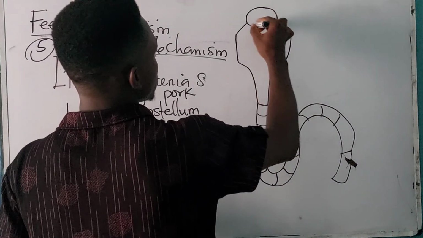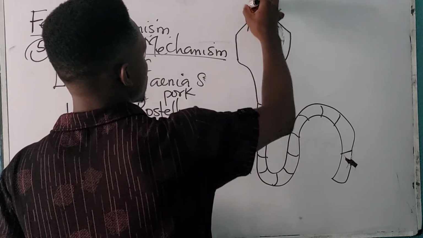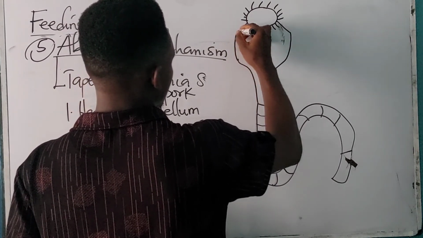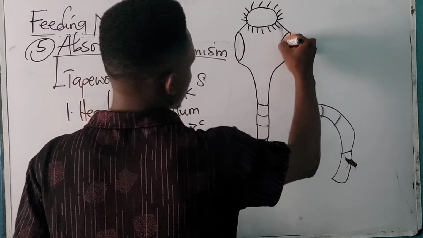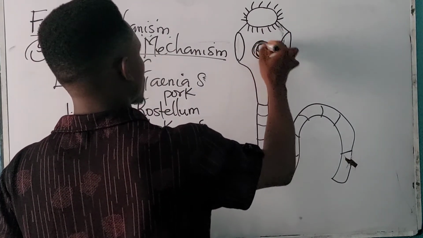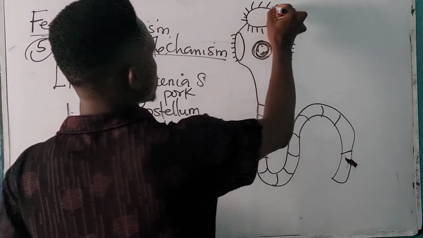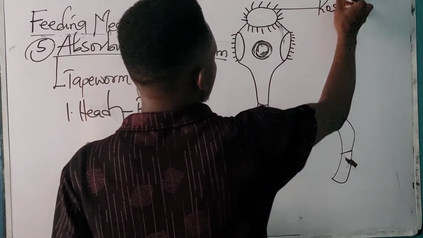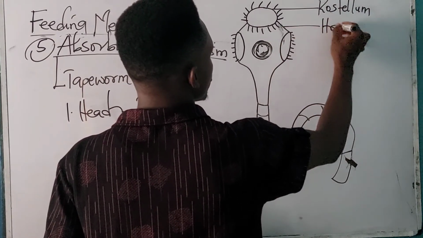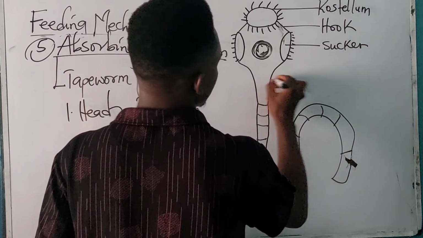Now you have something like this. This region is called the rostellum. This region is called the hook, here is the sucker, and here is the neck.